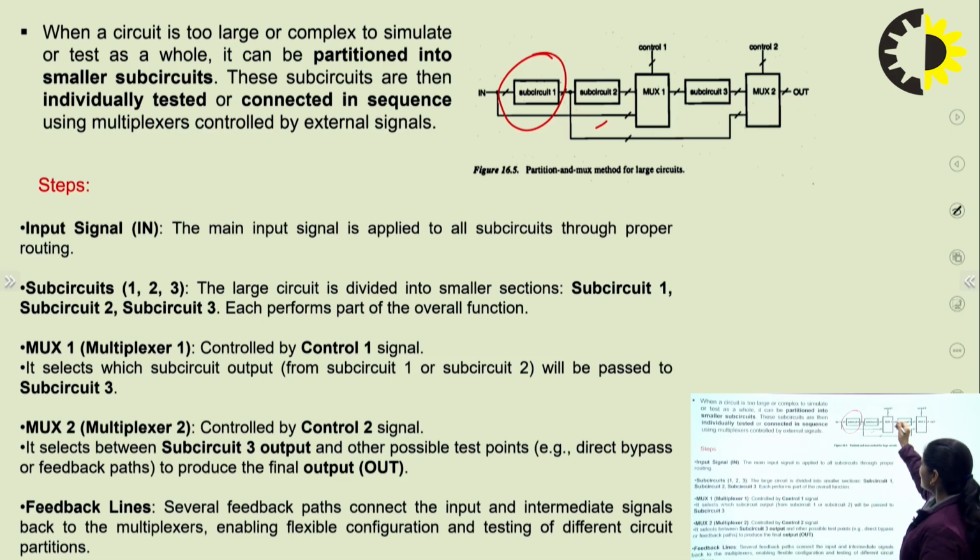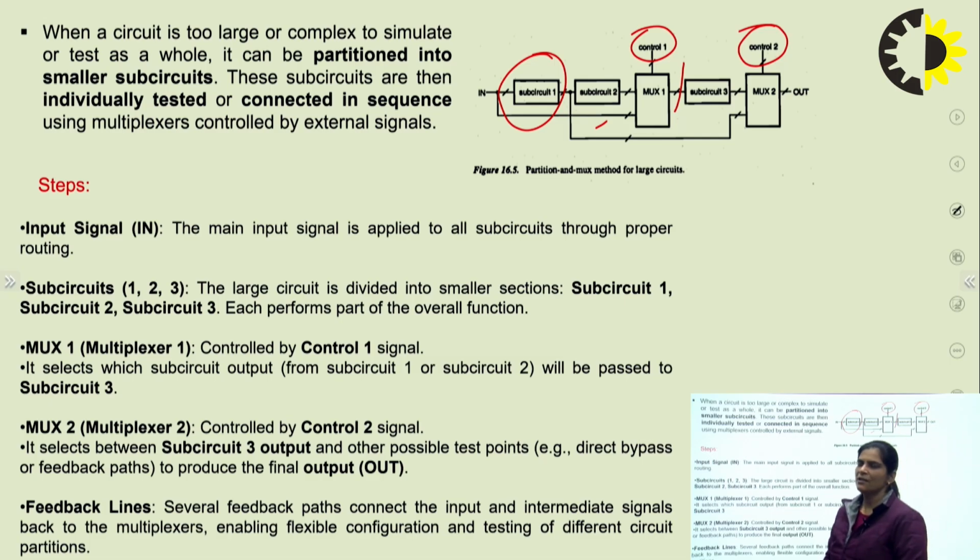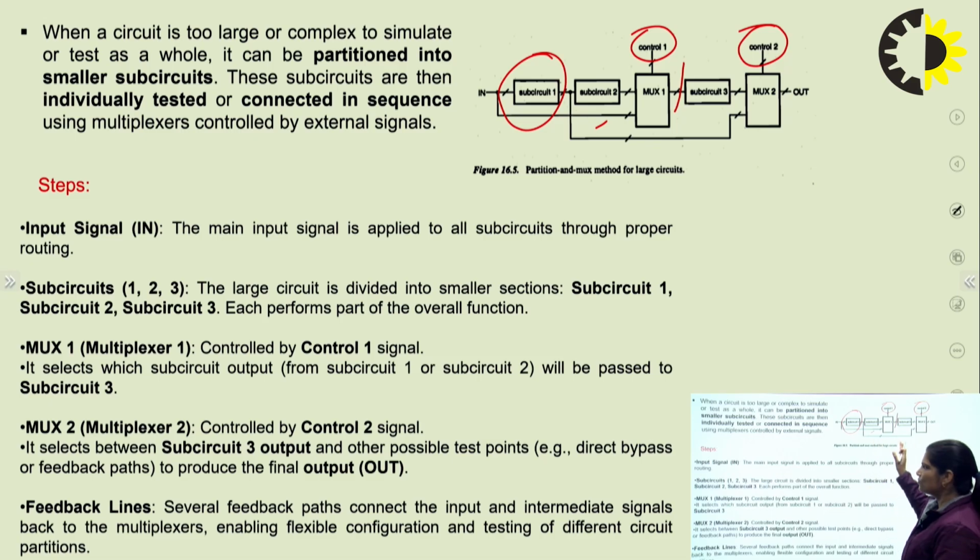Now here a multiplexer is connected and that is controlled by control input 1, and here is also a multiplexer that is controlled by control input 2. If the correct control input is given to this multiplexer, then we get the correct output for this multiplexer, and if this is correct, then we get the correct output for this sub-circuit, and finally we get the correct output for this circuit, which is a whole complex circuit that we are dividing into sub parts.